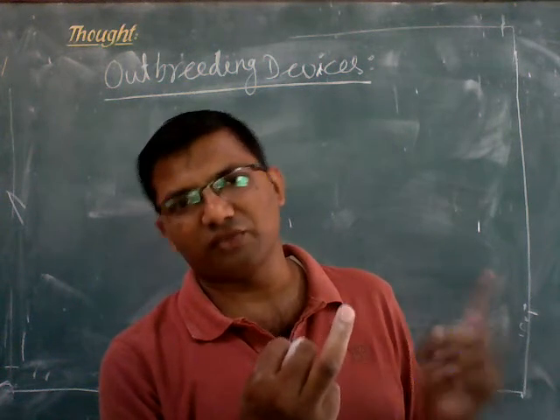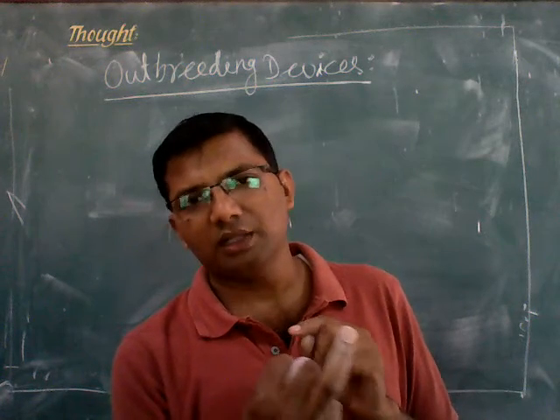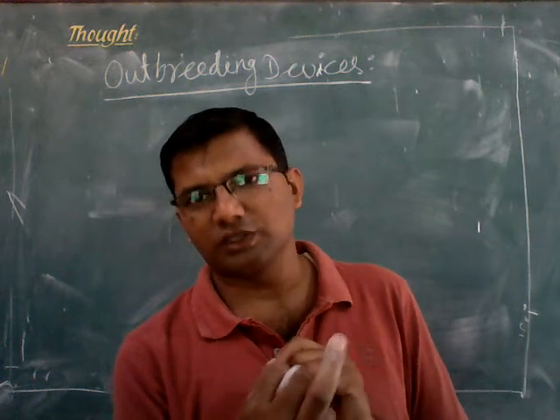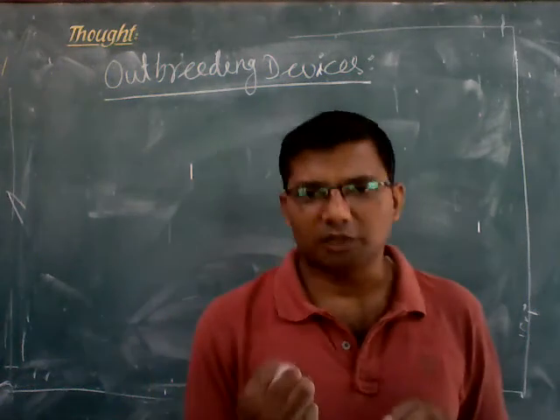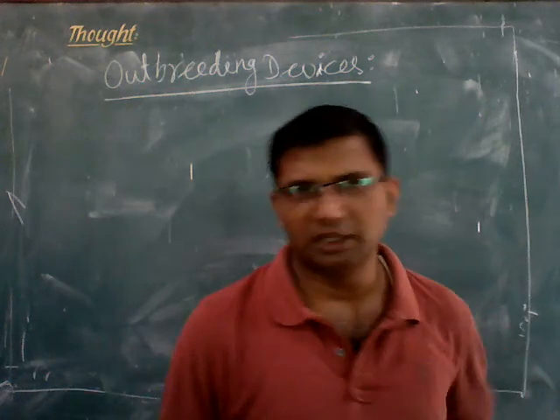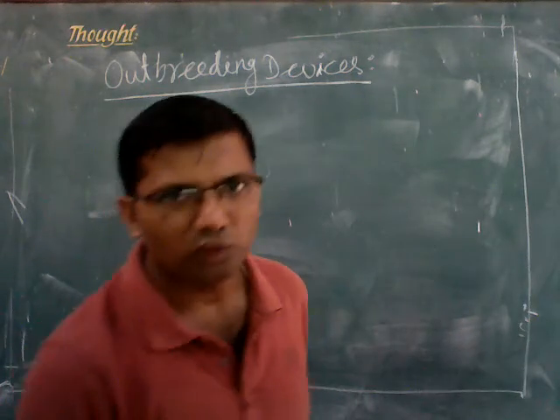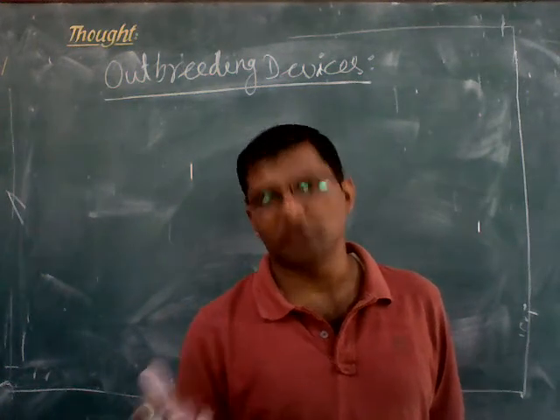The pollen from a different flower gets transferred to the stigma, but it is on the same plant. Then third is xenogamy, where the pollen is coming from a different plant, which is unrelated, right? So you all know that if there is autogamy, it will lead to self-pollination, right?